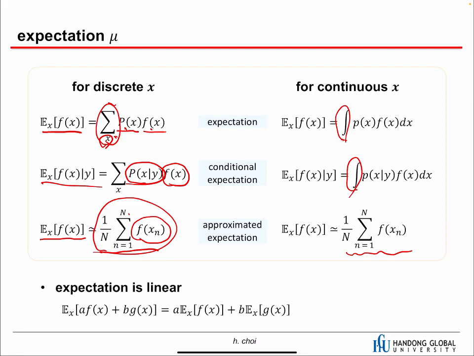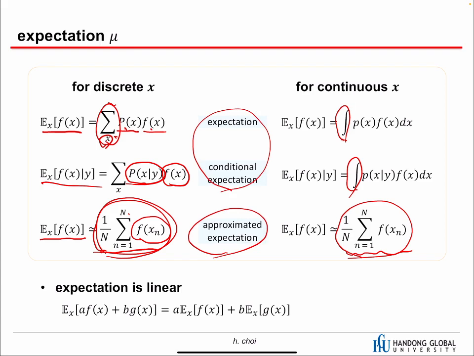So in this case, this one and this one are exactly the same. This one is not the expectation; it is just an approximation based on average. And these are expectations. So these are just ideal numbers we cannot get. This one, yes, we can calculate based on the samples.